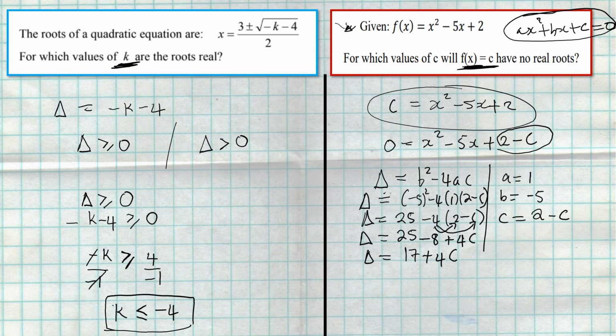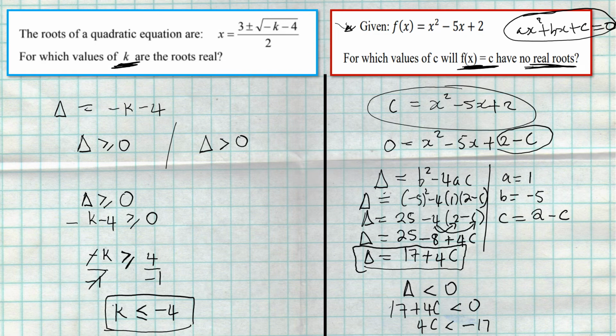We have calculated delta now, right? They're saying for which values this equation will have no real roots. For no real roots, delta is less than 0. So where there is delta, put 17 plus 4c less than 0, and I can solve for c. I take 17 to the other side, it's minus 17.